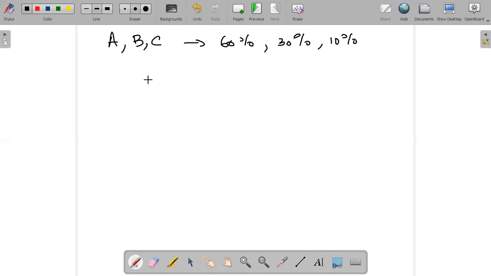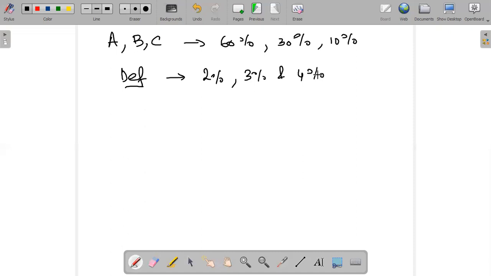The percentage of defective output of these machines A, B, and C are respectively 2%, 3%, and 4%. These are the defective with respect to the machines A, B, and C.